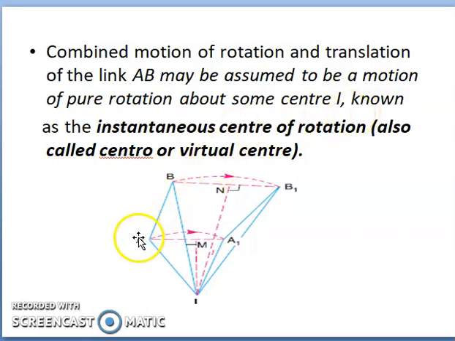We assume that the link AB, even though it is executing general plane motion, is executing pure rolling, that is without any slipping, about an imaginary center. This imaginary center varies from instant to instant. At that particular instant it may be the center; when the link moves to another position, it may be a different center. That center is called the instantaneous center.